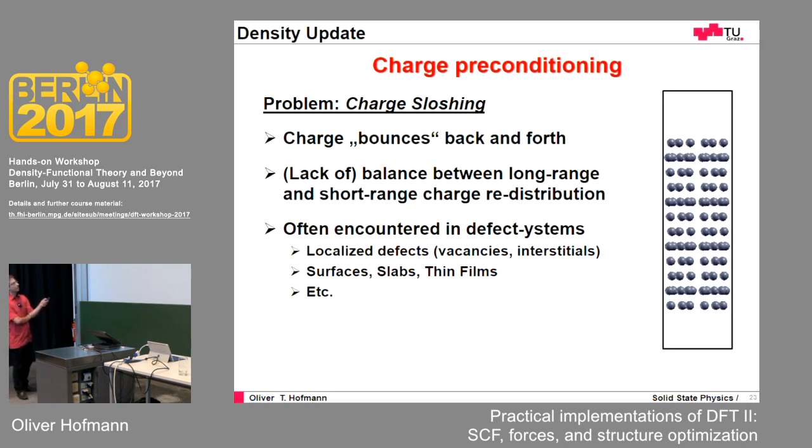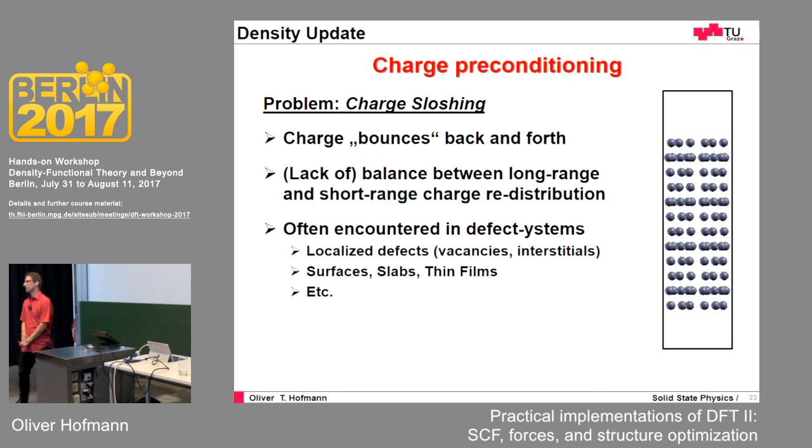I've shown here a slab of, I think, aluminium, and a slab of aluminium means it has a surface on the top and it has a surface on the bottom. And this surface is a kind of defect, and obviously on the surface the electron density should be different from the electron density in the bulk. What will happen in the SCF is that there will be some kind of charge redistribution between the bulk-like inner part of the slab and the surface.